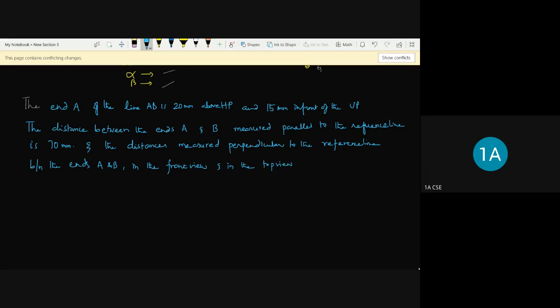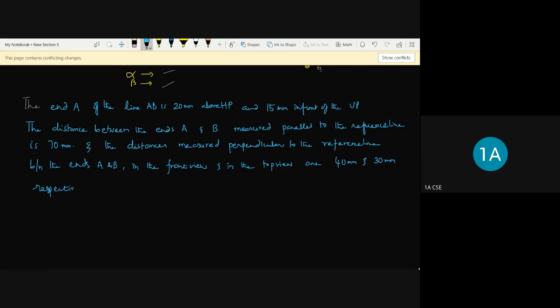See here, the distance measured perpendicular to the reference line between the ends A and B in the front view and in the top view are 40 mm and 30 mm respectively.